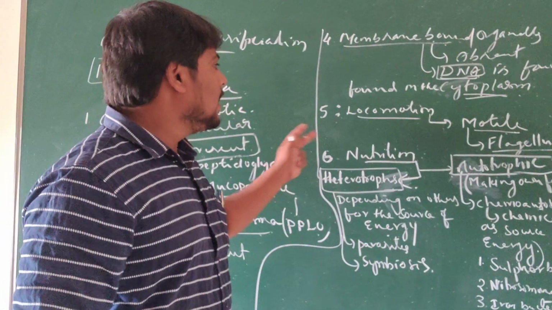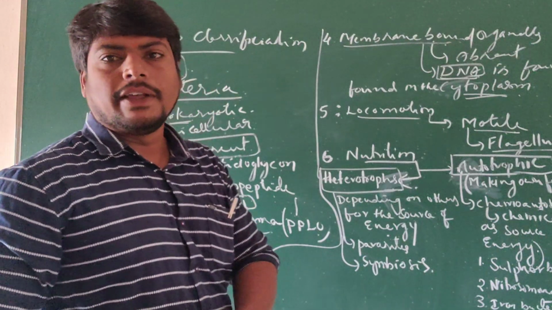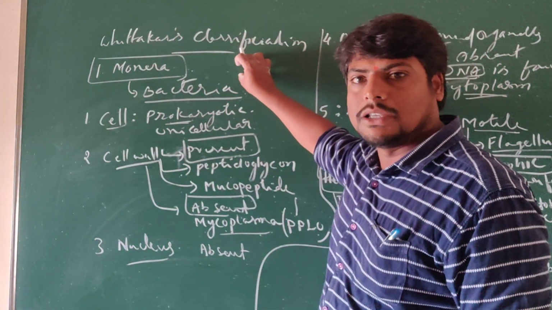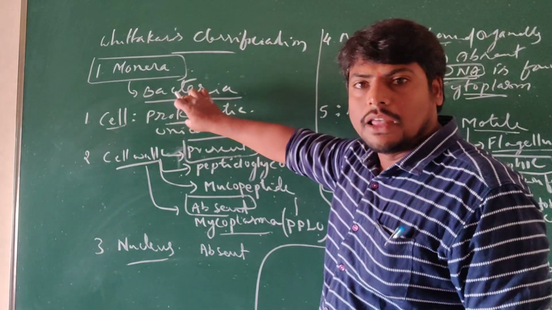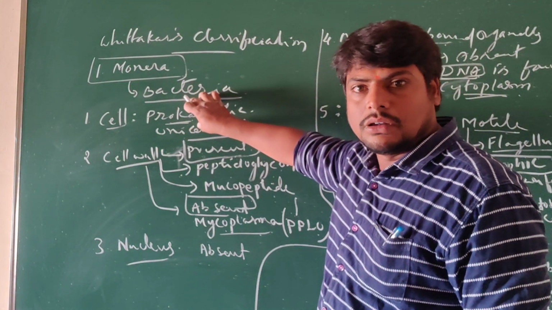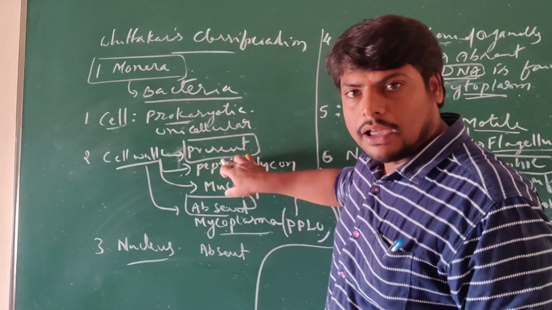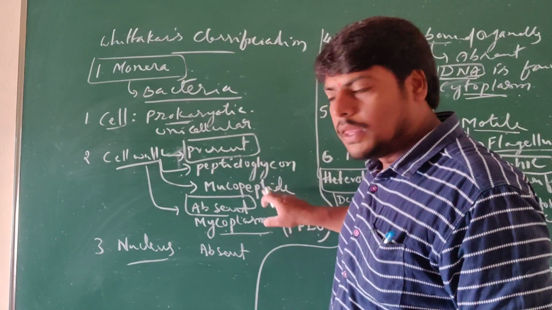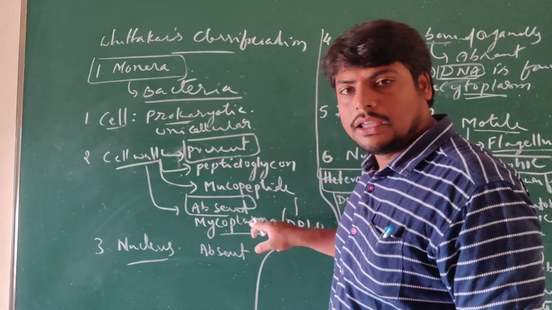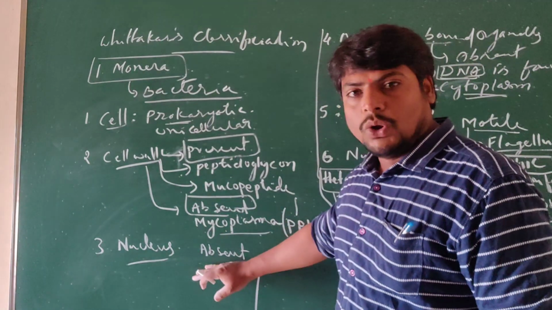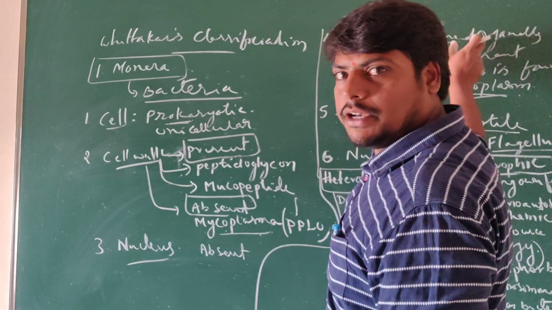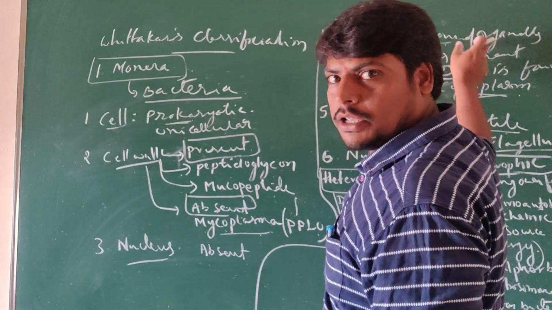In this way, these are some of the characteristic features found in Monera. They are prokaryotes, unicellular, with a cell wall made up of peptidoglycan or mucopeptides, and the cell wall is absent in mycoplasma. The nucleus and membrane-bound organelles are absent, but DNA is found in the cytoplasm.